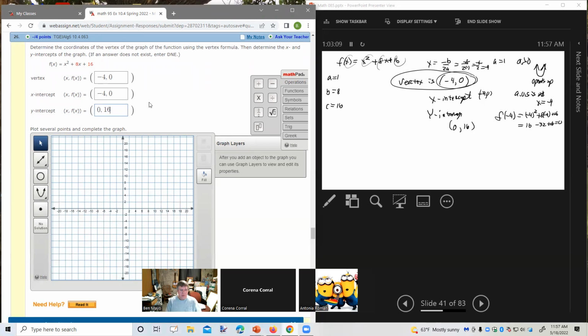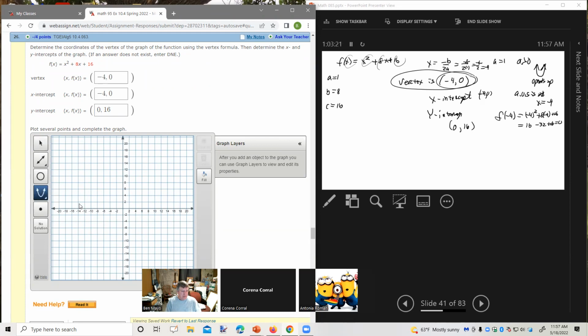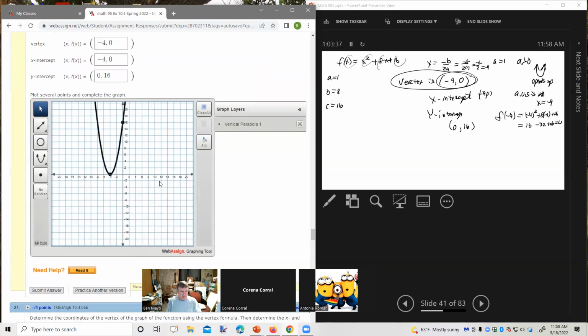Now, to graph it, I need 2 points. First the vertex and then another point. These are the same point, but here's another point. Vertex (-4, 0). Notice here the scale, each square is 2 units. So there's the vertex, and then (0, 16) is right there. We're good to go.